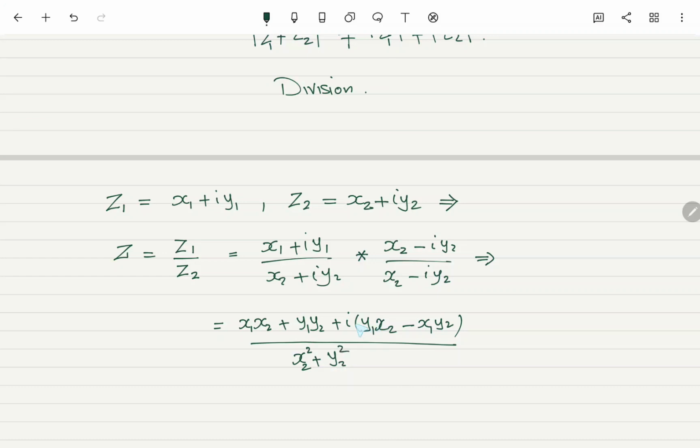Upon doing this, we can simply find where is the real part and where is the imaginary part.